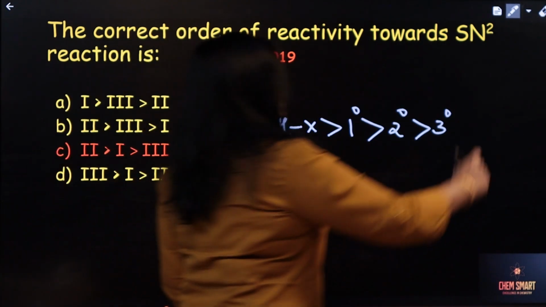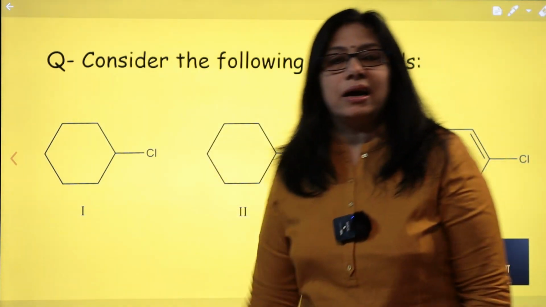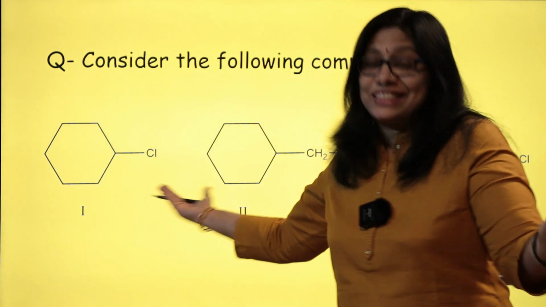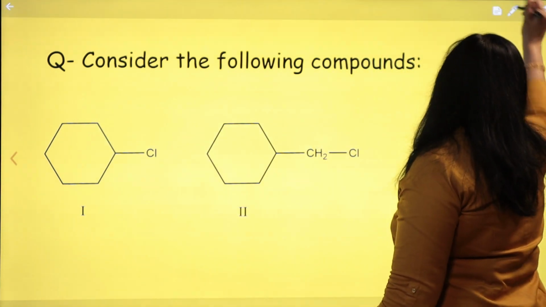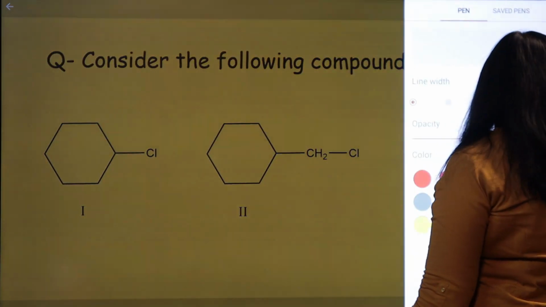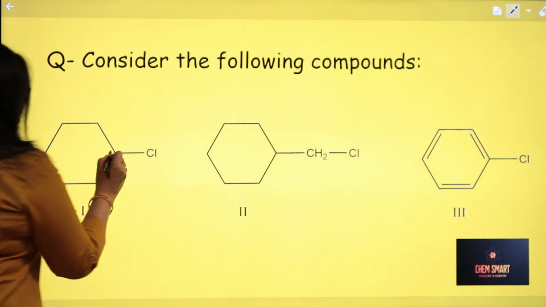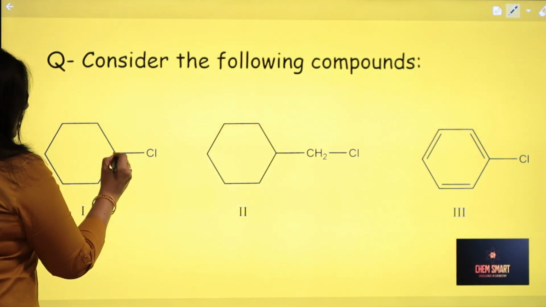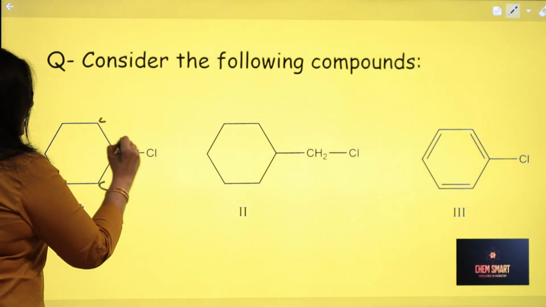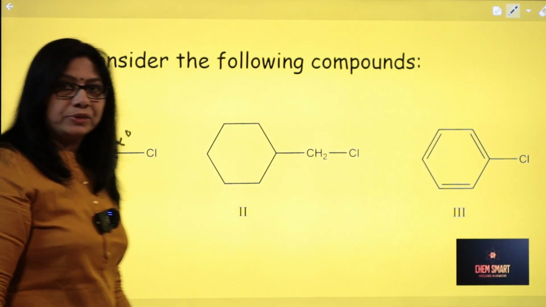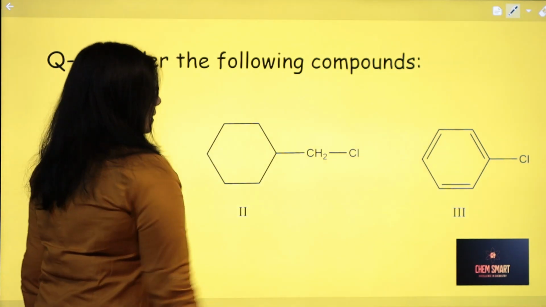Now, let's see what is the nature of these halides given. In the first case, chlorine is connected to a carbon which is connected to two other carbons. So it is a secondary alkyl halide, a cycloalkyl secondary halide.